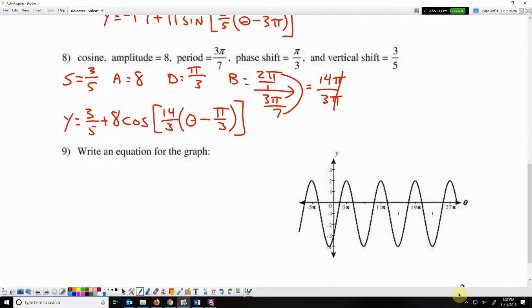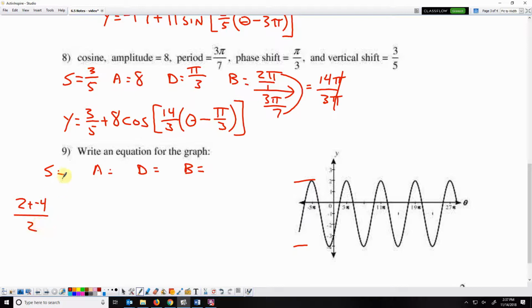And now I'm going to take all that same information out of this graph. S, A, D, and B. The sinusoidal axis is the average of the max and min. 2, and negative 4. So the sinusoidal axis, 2 plus negative 4 over 2. So that's negative 2 over 2.